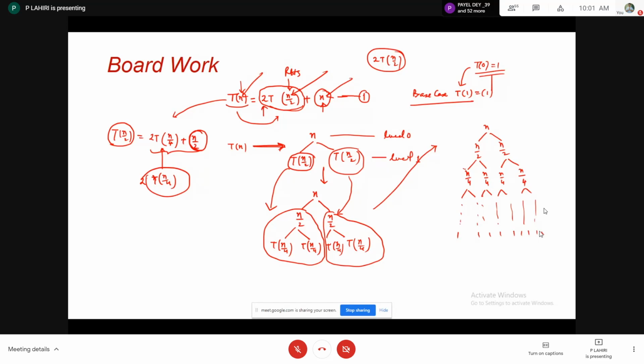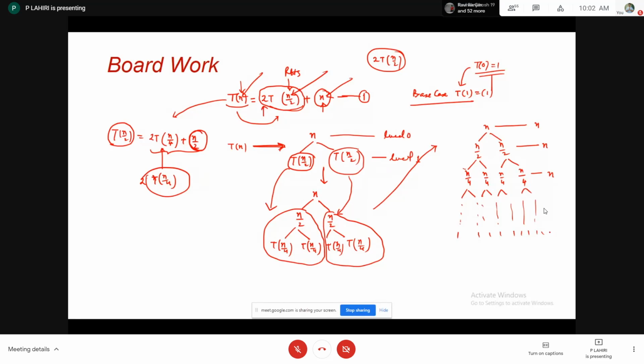Now the last part. You come back to level 0. What is the cost? The cost per node is, here it is n. What is the cost? N by 2 plus n by 2. What is it? N. What is the cost here? N by 4 plus n by 4 plus n by 4 plus n by 4.